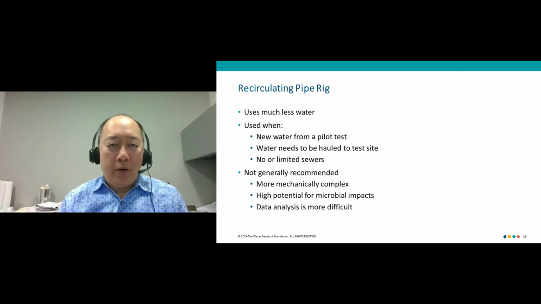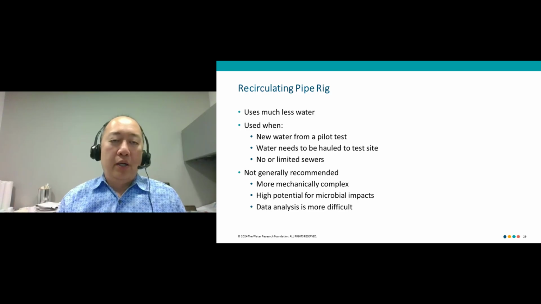Recirculating pipe rigs. Now, as Dave mentioned, that isn't the emphasis of the study, but for the design chapter, we do talk about it for a bit because it is a type of rig that is used for corrosion studies. It does not use as much water as flow throughs, but they're really difficult to use and really should be used only when you're getting water from a pilot test where water supply is already limited, or water needs to be hauled to the test site because there's no available water supply, as well as no or limited sewers.